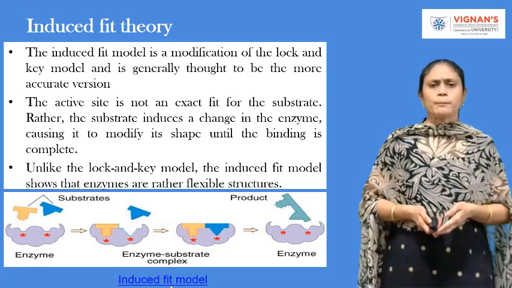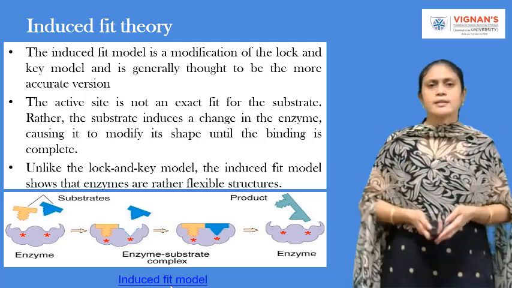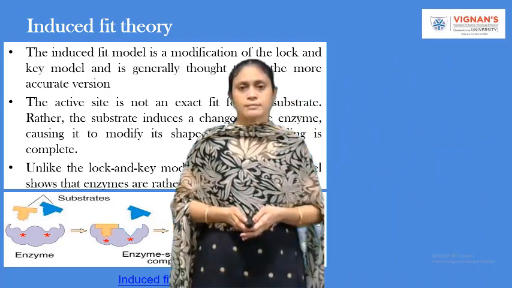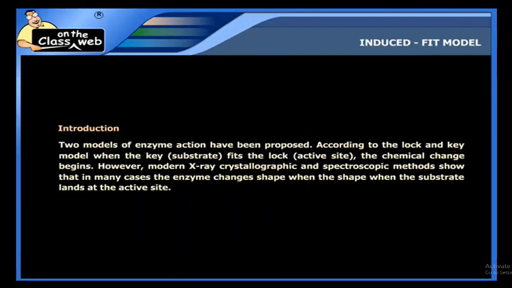Now, I want you to just see this video once. Let us see how enzymes increase the rates of chemical reactions. There are two models of enzyme action. They are the lock and key model and the induced fit model. According to the lock and key model, when the key or substrate fits the lock or active site, the chemical change begins.